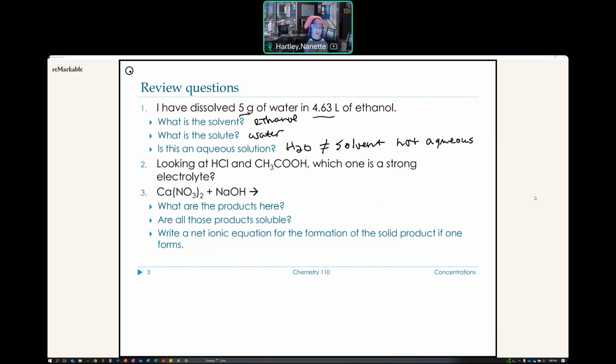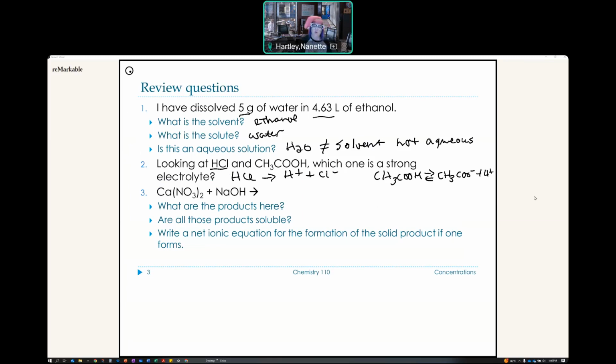So it's all based on those definitions that we have, right? Now I want to look at 2 different things, HCl and CH3COOH. One of those is a strong electrolyte. Which one? My answer is going to be HCl. I say that because HCl can dissociate, and remember, when we did this, we got H plus and Cl minus. And with CH3COOH, we got CH3COO minus plus H plus.